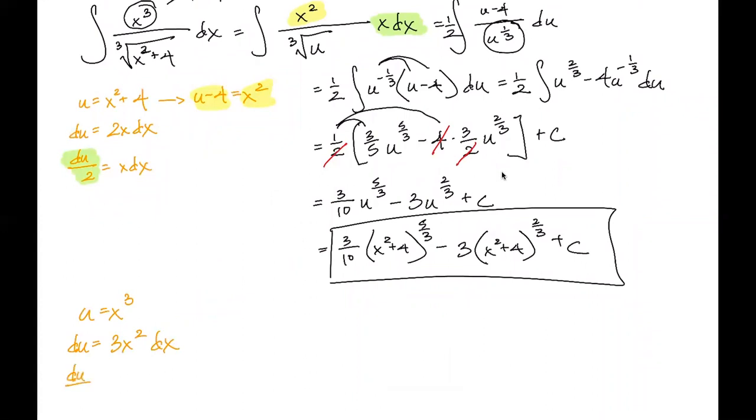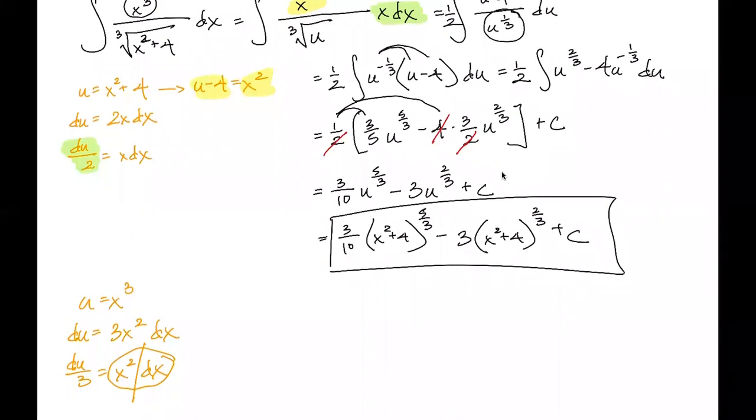I'd have du over 3 equals x squared dx. But the issue with that is you end up with an x squared dx underneath the cube root. And I can't split those and say, oh, I'll substitute x squared under the cube root and my dx separately. So I think this is not a good substitution to make for this particular problem.